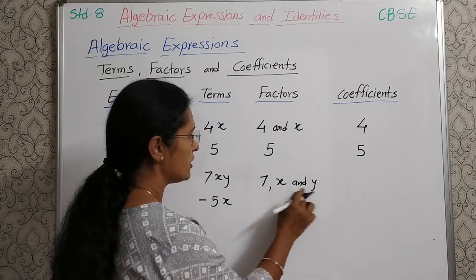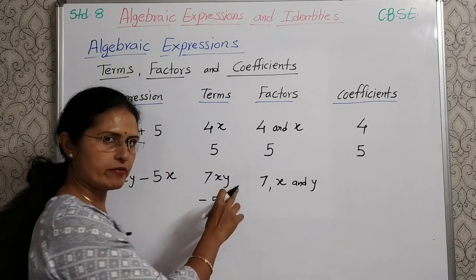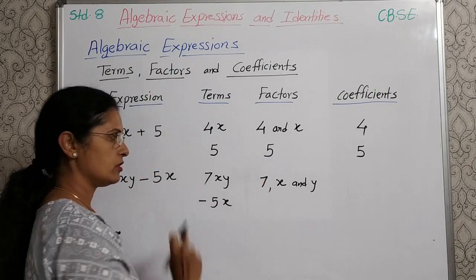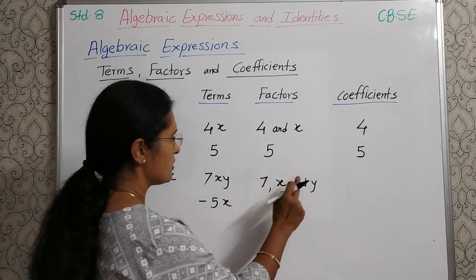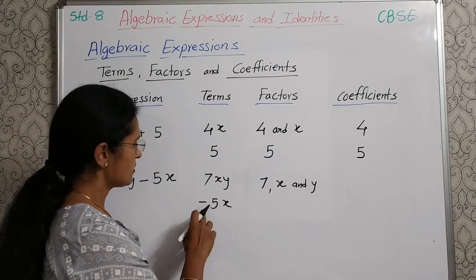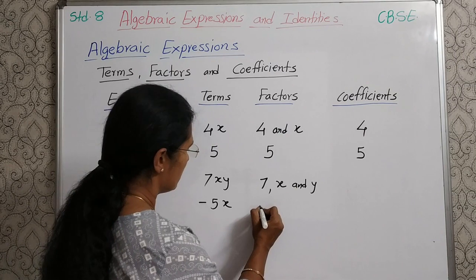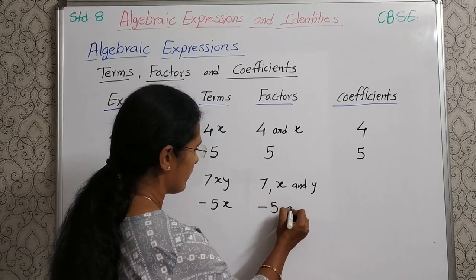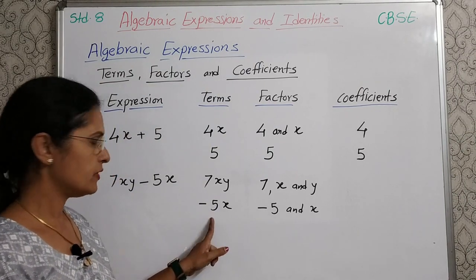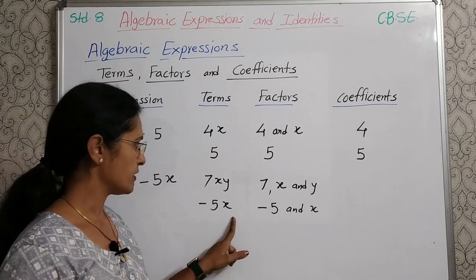It means when we multiply these three, we will get 7xy. Therefore, 7, x and y are the factors of the term 7xy. Next, minus 5x. So here minus 5 and x are the factors of this term minus 5x.